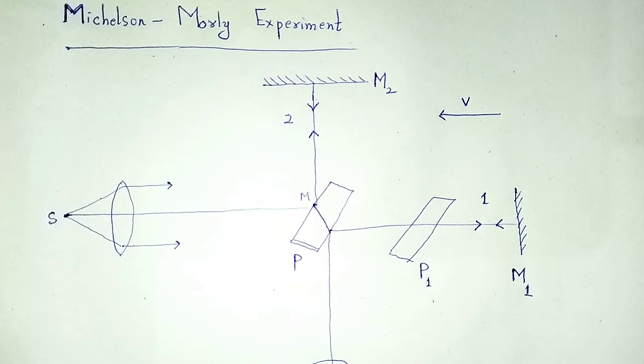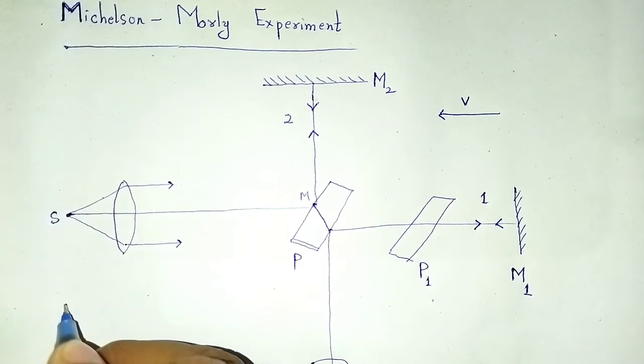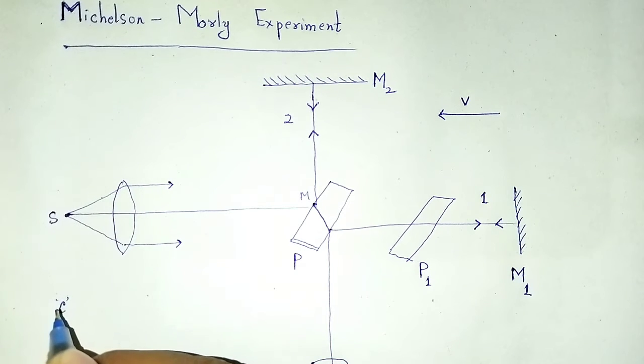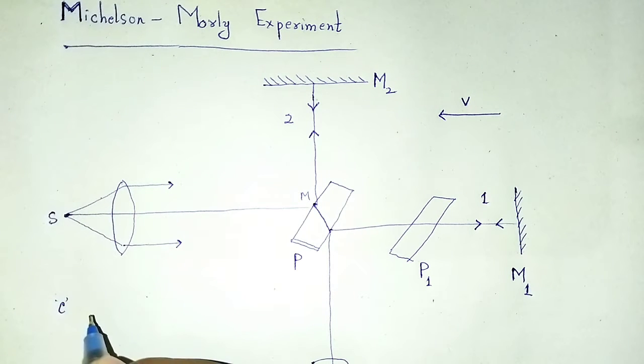which was assigned strange properties such as zero density yet enough rigidity to sustain light waves of high velocity. Hence, the speed of light with respect to ether will be c, which is predicted from Maxwell's electromagnetic theory.